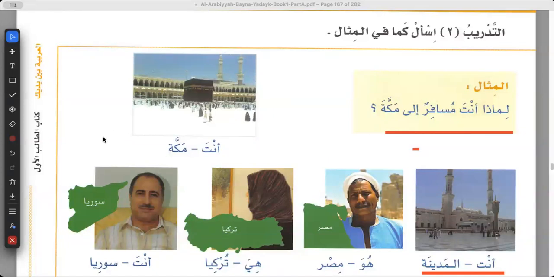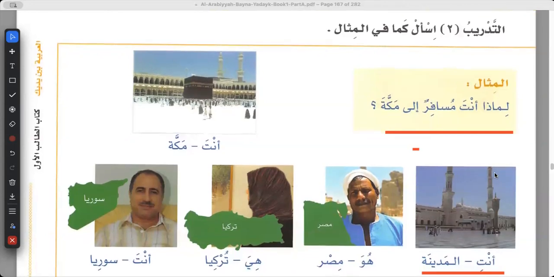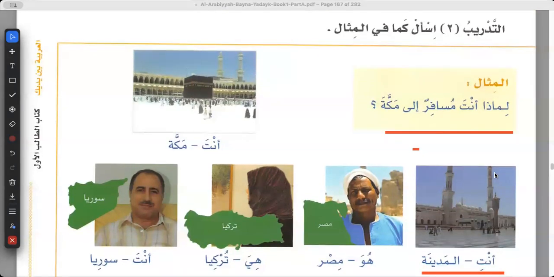Only females, because that first one has to do with female. Okay, let me call number 139. Anti al-Madina. If you fumble just once, I'll call another person. Go on. Why are you traveling to Medina? May Allah bless you. Why are you traveling to Medina?